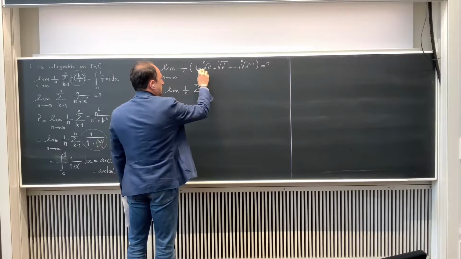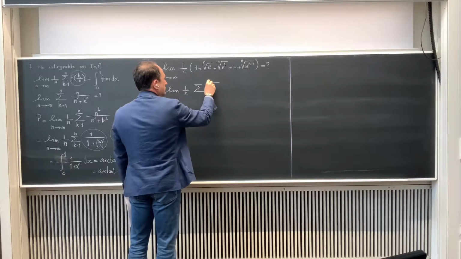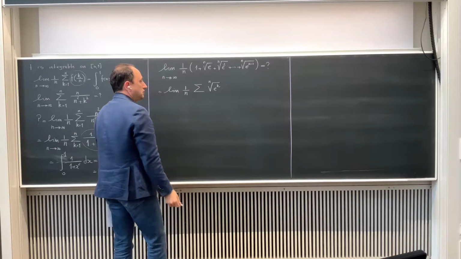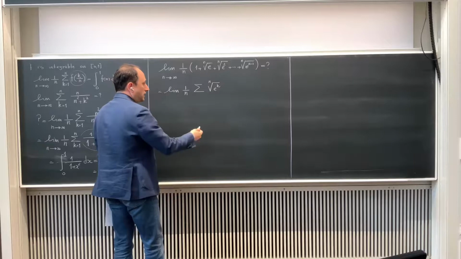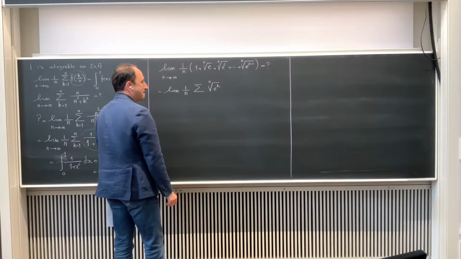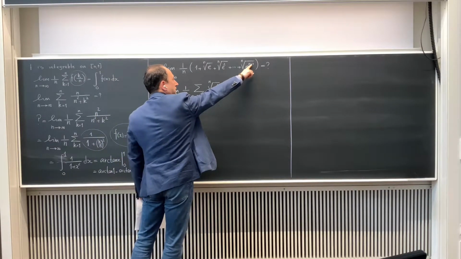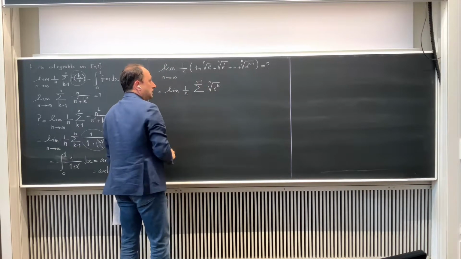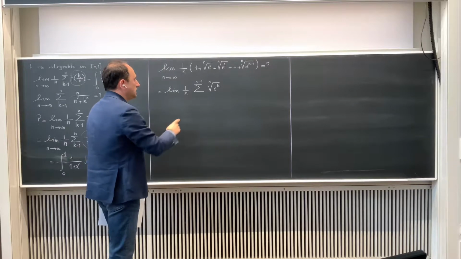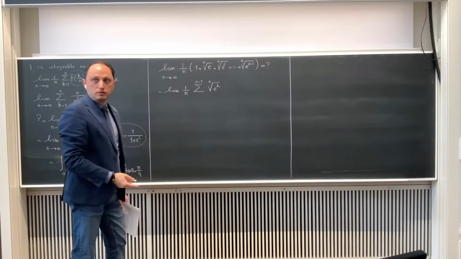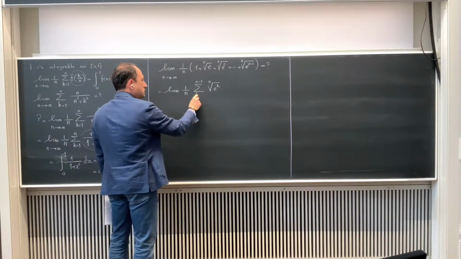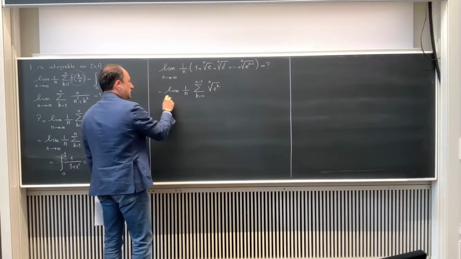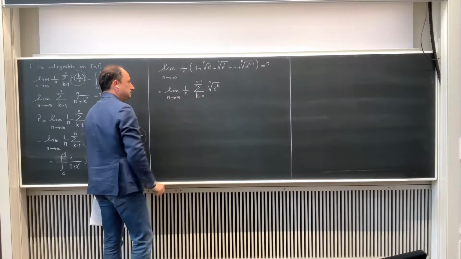In principle I can write the nth root of e to the power k, yes? But can you tell me where k goes from and to? The last number is clear, so the upper limit is not n, it is n minus 1. But what is the lowest limit? k should be 0, yes? So k starts from 0, and then n goes to infinity.